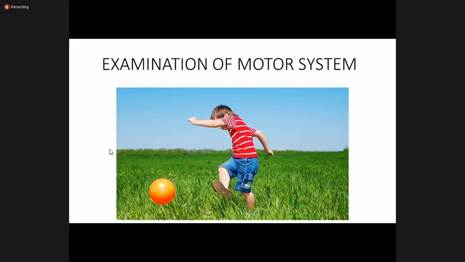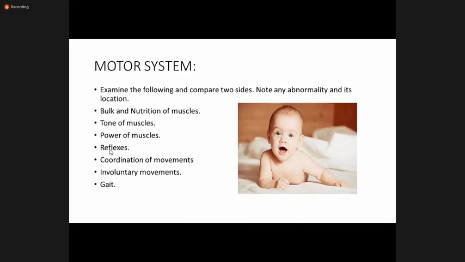The key points of today's lecture on the motor system examination: compare two sides. When you examine the patient for the motor system, remember always to compare both sides of the limbs. Note any abnormality and its location.